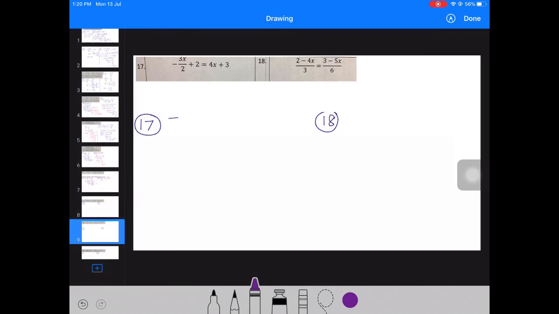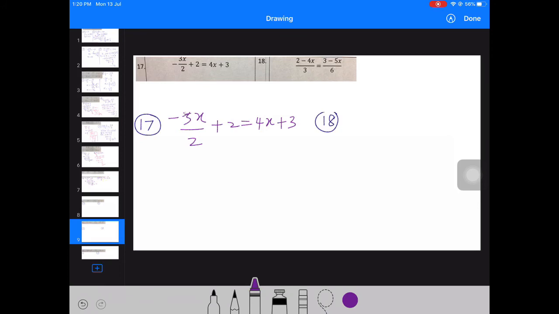Next, we have negative 3x over 2 plus 2 equals to 4x plus 3. Okay, I'm going to remove the fraction first.